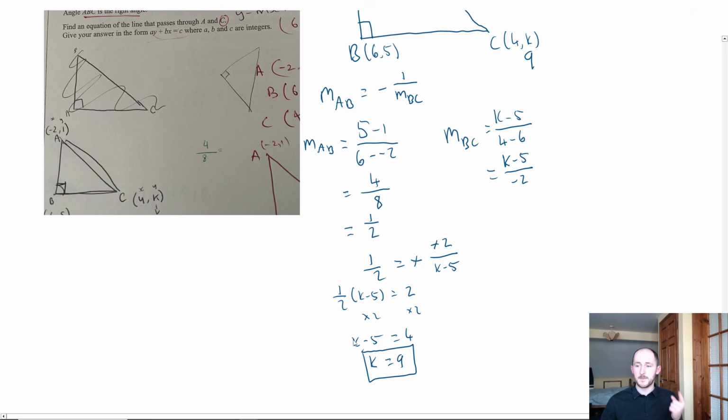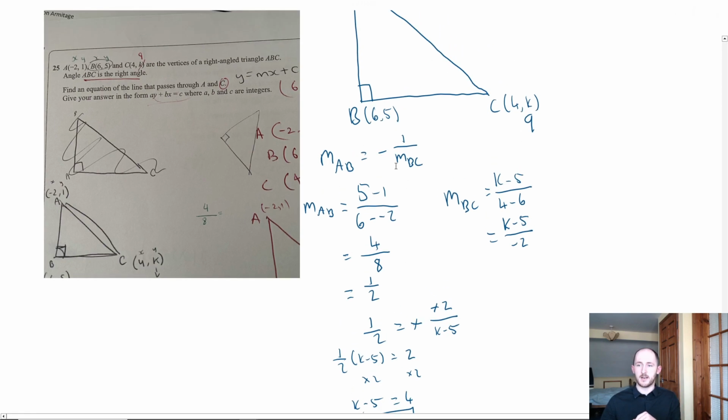Why did I flip it? Because when you have perpendicular lines, you just take the negative reciprocal of the gradient. So you flip it and make it negative. If you're unsure still, if you look at this, if I sub it into this, we have 1 over k minus 5 over minus 2.